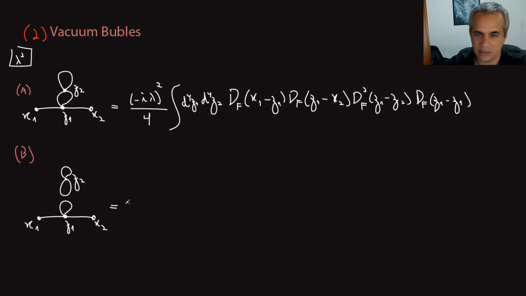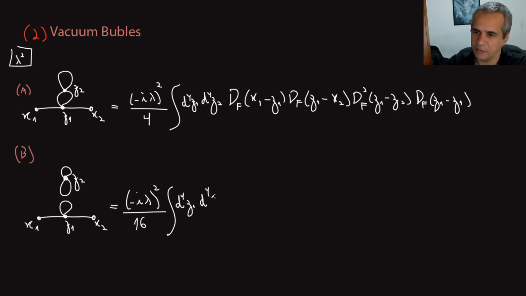In this case, I have the same number of vertices, so this is the same. The symmetry factor is much bigger because there's an inversion here, a top-bottom inversion. That's already a factor 8 just from this diagram here. And there's a factor 2 from this one. So that's a 16.